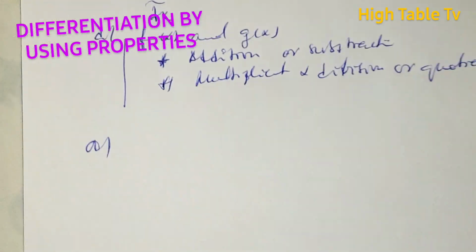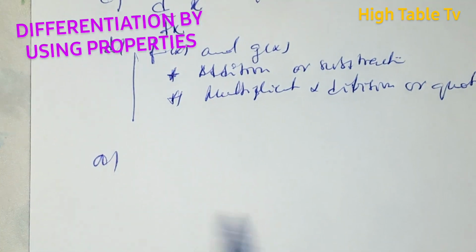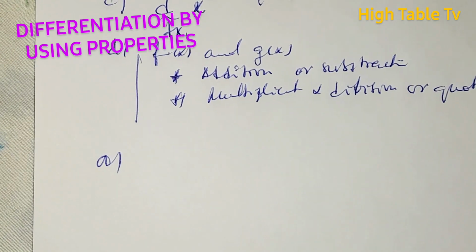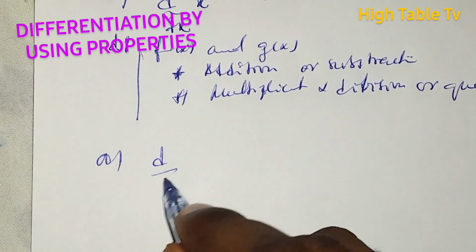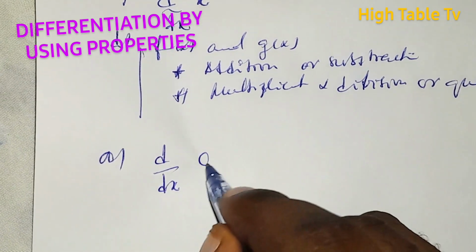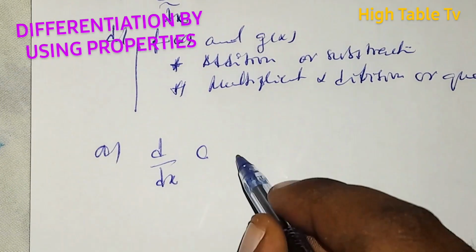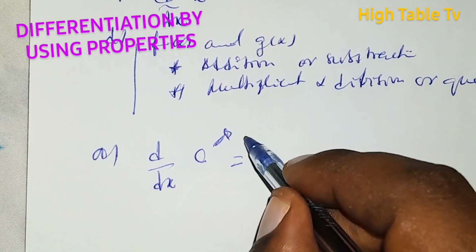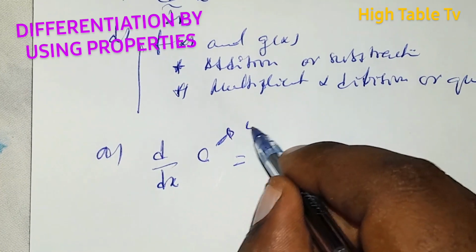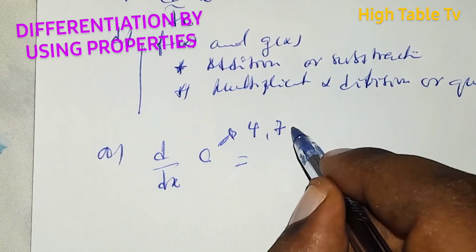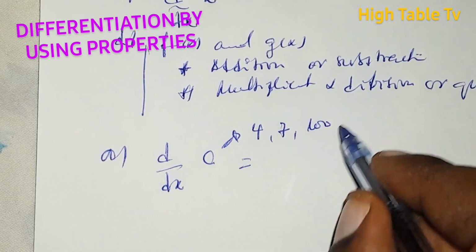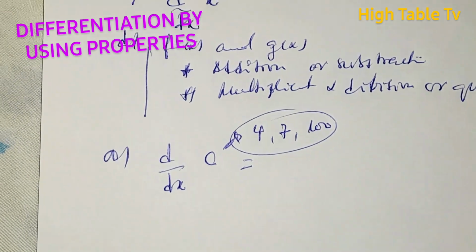For the first property, as I have told you, you have just a given constant. For example, if we have d over dx of a given constant like 4, like 7, like 100, it means you have a given number which is constant.